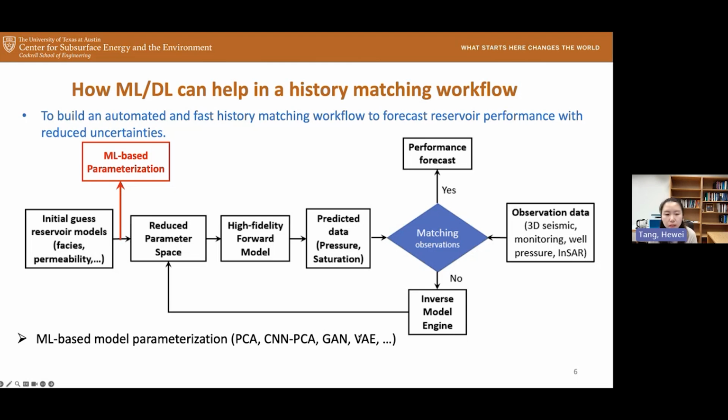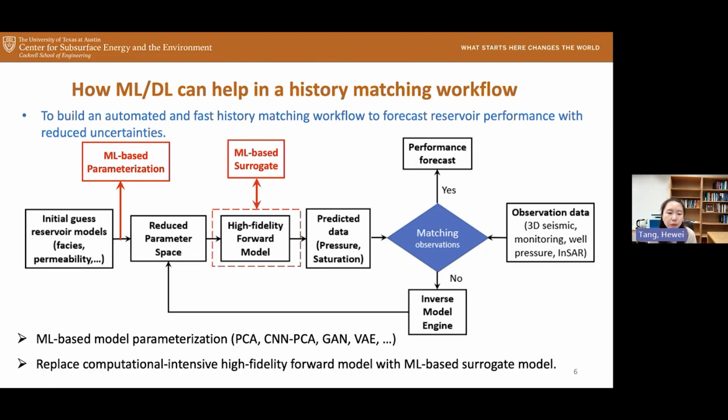The second part of this history matching workflow that can be helped by a machine learning model is the high fidelity forward model component. This is the most computationally intensive component in this workflow since it needs to be run thousands of times.